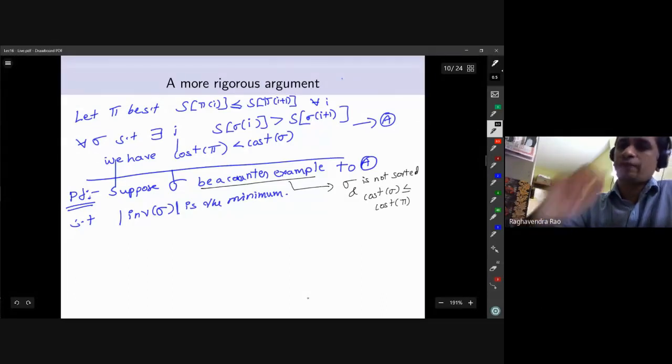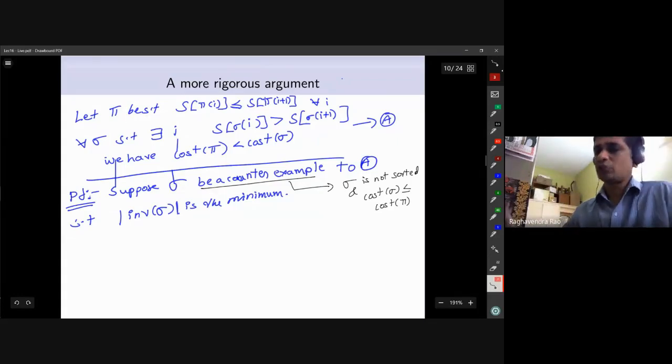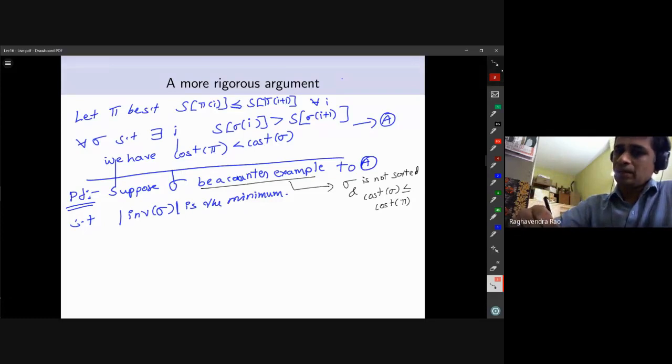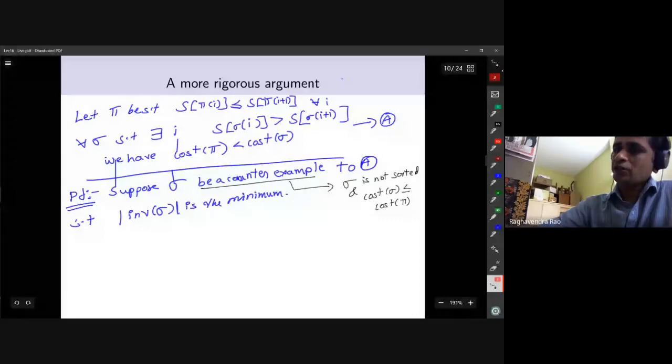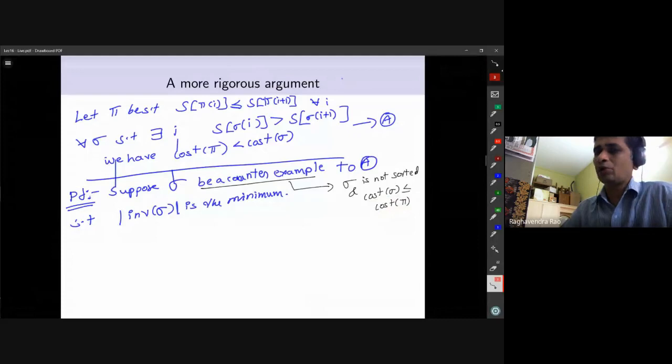So we are fixating on this pi. So pi is a sorted order, one of the sorted orders if there are multiple. What we are saying is, suppose the statement is false, then we'll choose a minimal counterexample. Minimal in what sense? Counterexample means sigma is not a sorted order and cost of sigma is less than or equal to cost of pi.